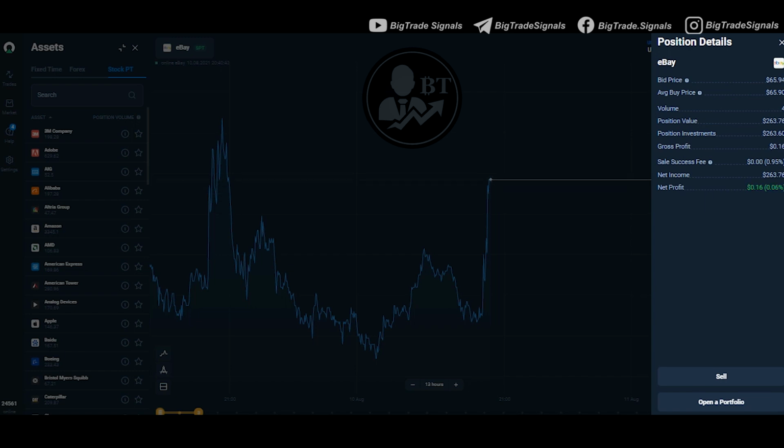Among them is the maximum volume available for sale. Select the number of units for the transaction that does not exceed the given volume. Depending on the quantity, the following indicators will be calculated: the amount of proceeds from the sale transaction, the amount of commission for profit, and the total amount of proceeds from the sale minus commissions. To conclude a trade according to the specified conditions, click the sell button.